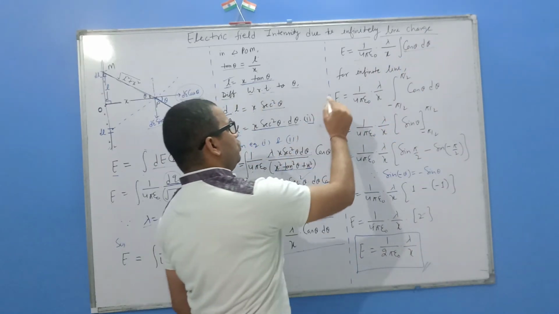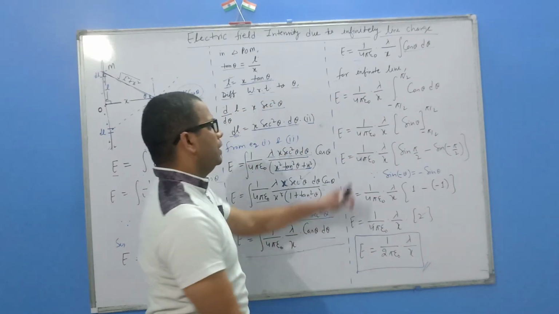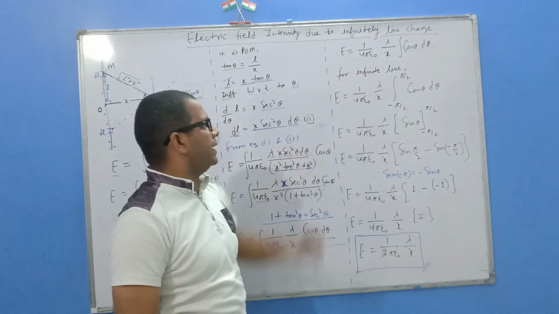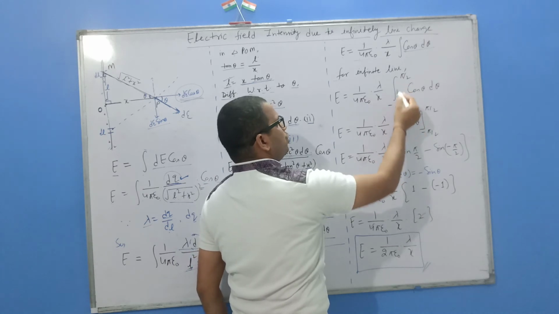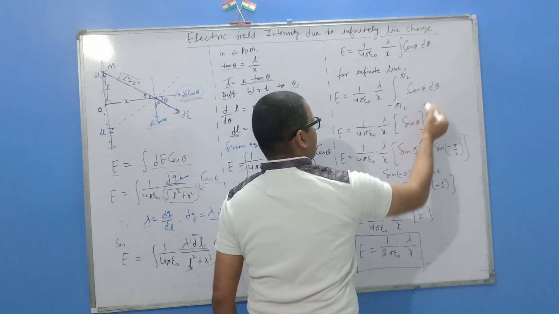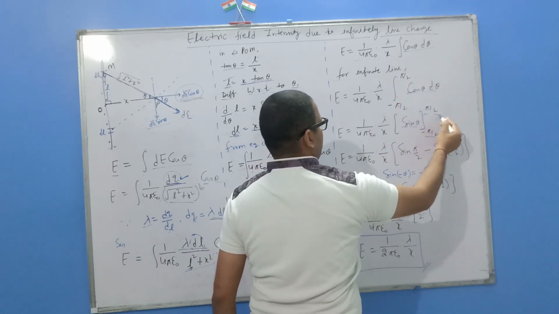Now in order to find the field for the infinite line, we have to integrate from minus pi by 2 to plus pi by 2. This I will explain in my next lecture. The integration of cos theta is sin theta, applying the limits minus pi by 2 to plus pi by 2.